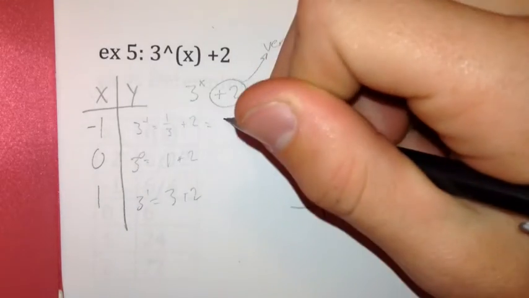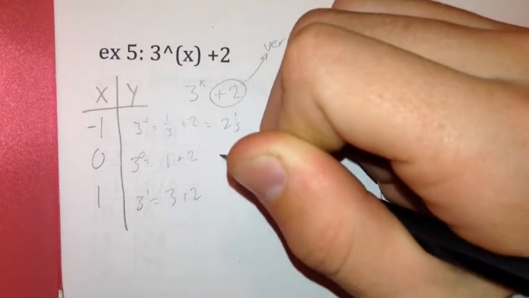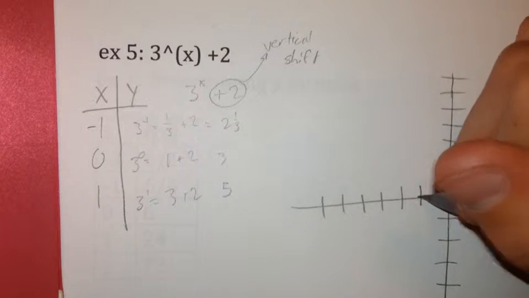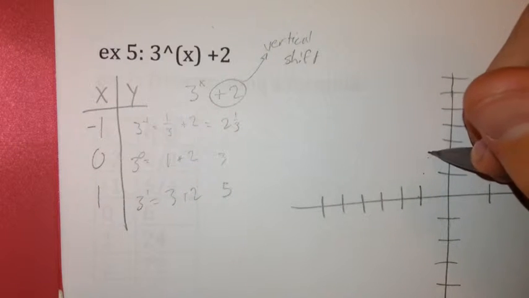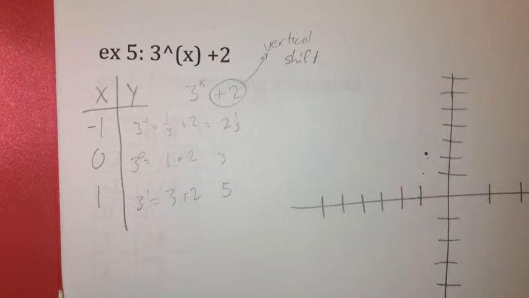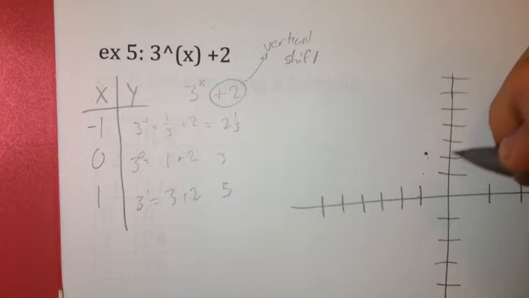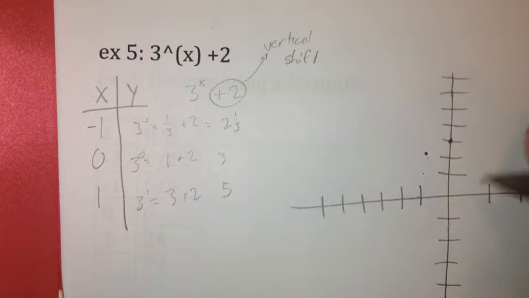So, we have 2 and 1/3, 3 and 5. So, we go over to -1, over -1, 1, 2, and then barely above 2. Next one is 0, 3, so we have 1, 2, 3. And then we have 1, 5.